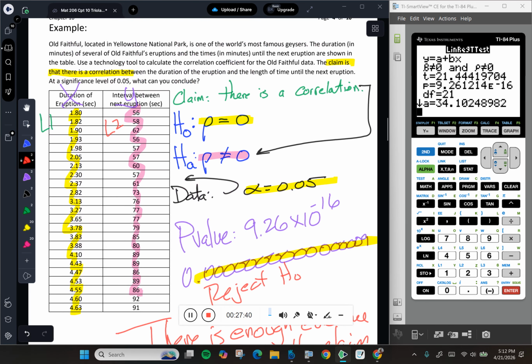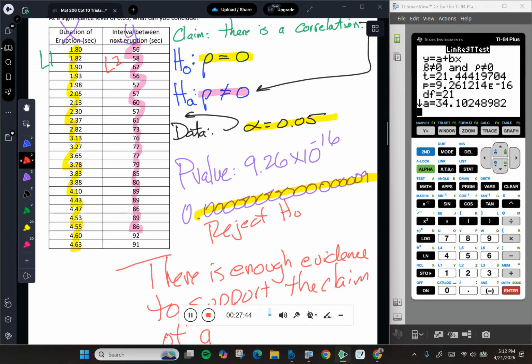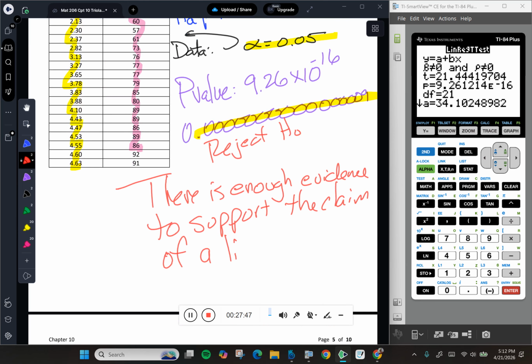Oh yeah, there's a correlation. A linear population correlation. And that's what we're saying.